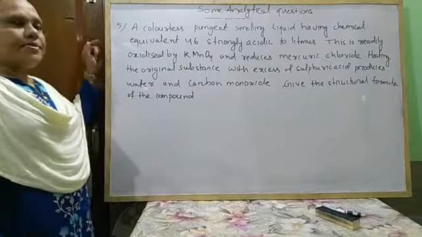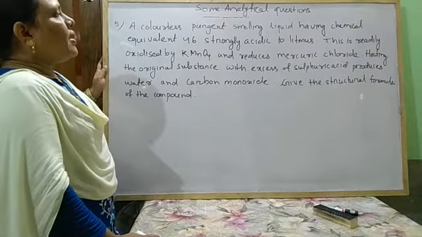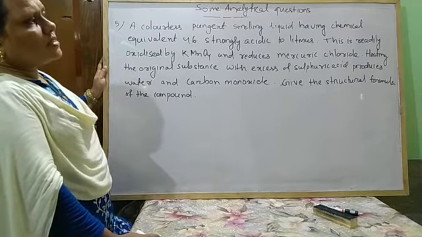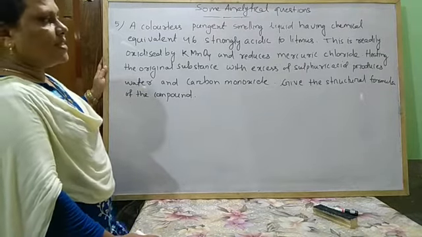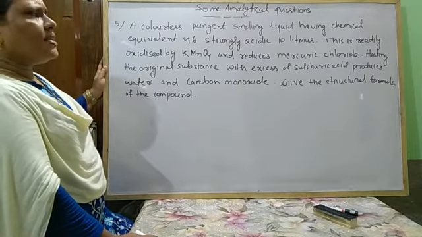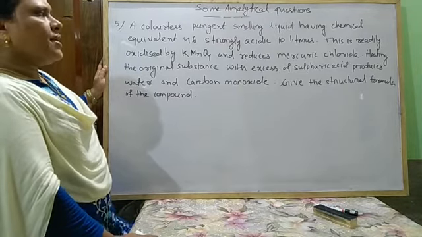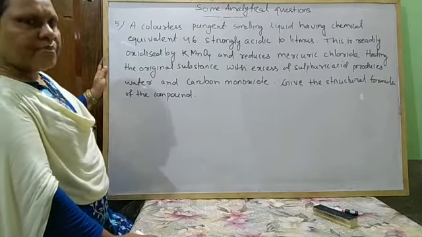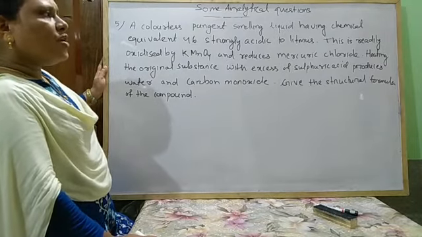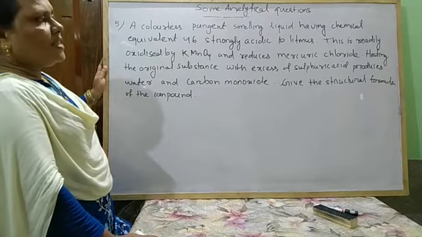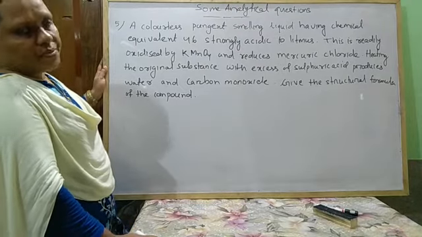Next, come to another question. A colorless, pungent smelling liquid having chemical equivalent 46. You know the lower carboxylic acids have a pungent smell. It is strongly acidic to litmus.